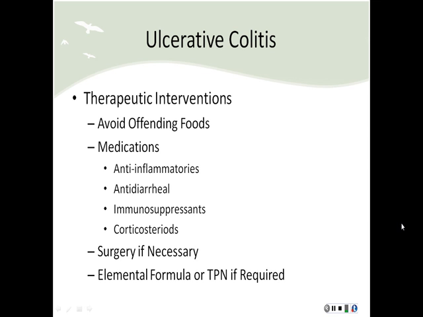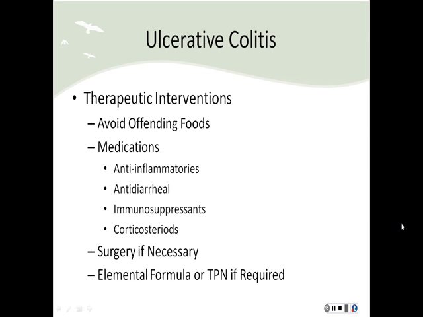So for therapeutic intervention, diet and lifestyle changes first, and then medications to treat the symptoms are used. So like Crohn's, medications like anti-inflammatories and antidiarrheals, immunosuppressants, and corticosteroids may be used.